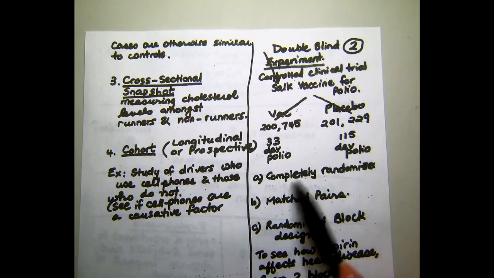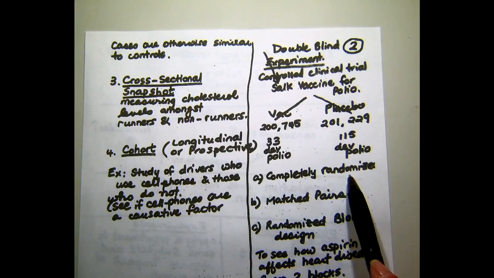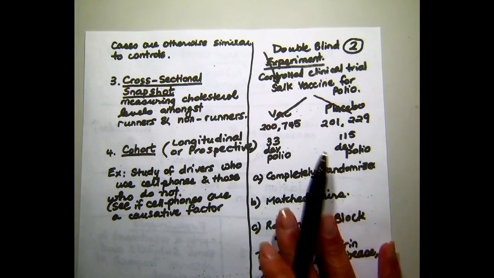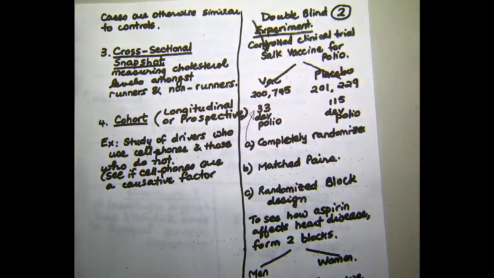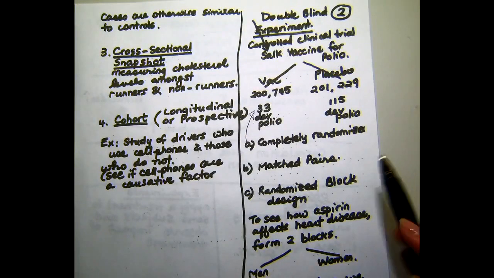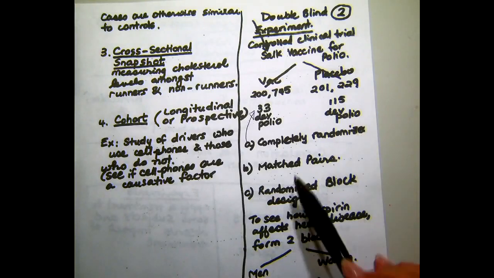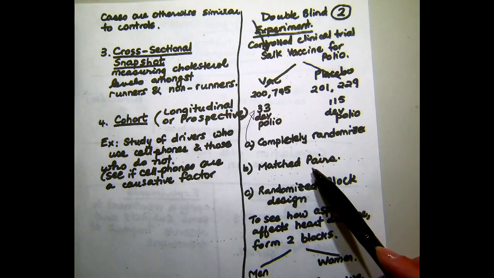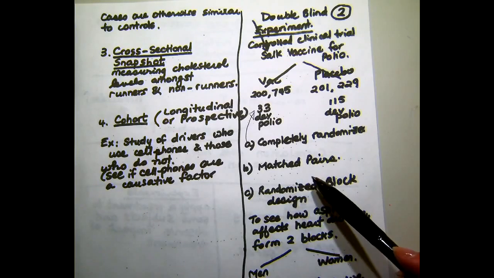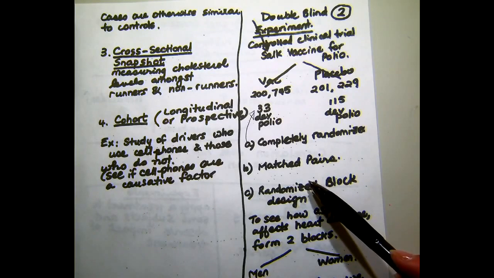This is a completely randomized design, meaning that the people who were given the polio vaccine were picked randomly. So this polio vaccine experiment was a completely randomized design. It doesn't have to be completely randomized. You can have an experiment where the people who are given the treatment and the placebo come in as pairs.